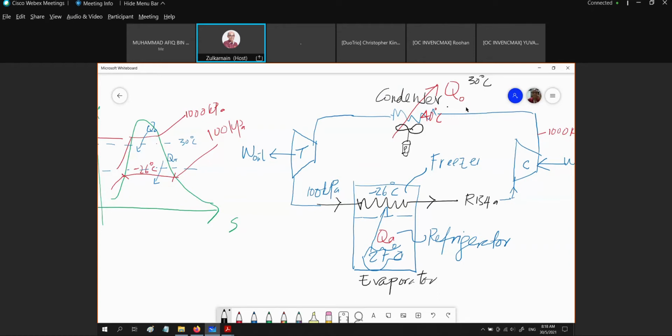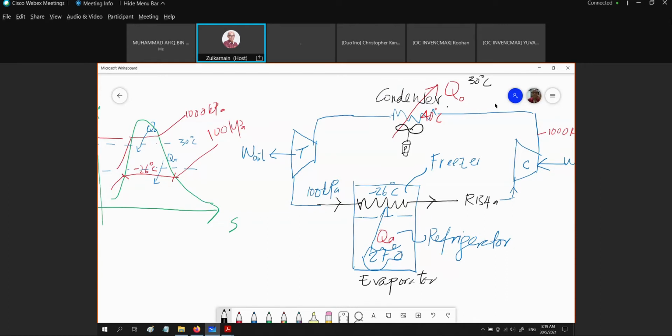We condense it by rejecting the energy inside the refrigerant, so the vapor becomes the liquid state. So it's called the condenser. We change the phase from vapor to liquid. And this is called the turbine, the expansion device or the expander.